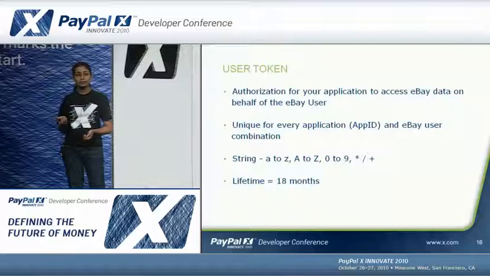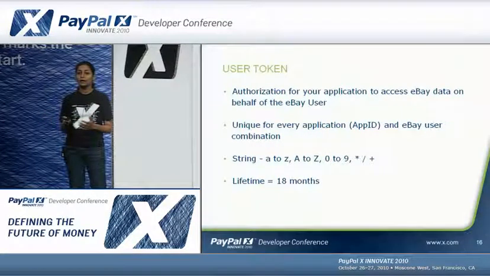For security reasons, it has a limited lifetime of 18 months. And it's an alphanumeric string, which is unique to your application and to a specific eBay user. Any questions so far? Okay.